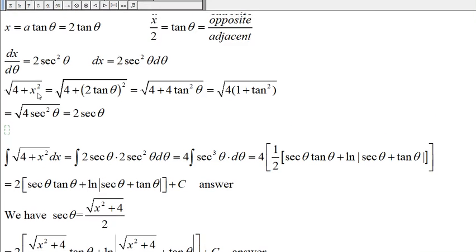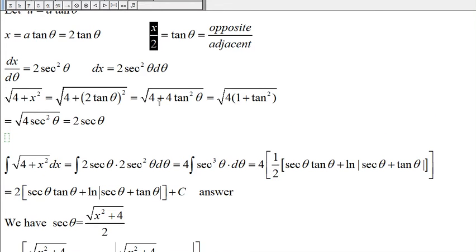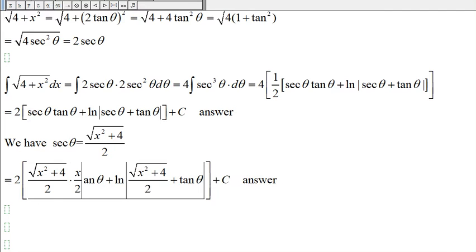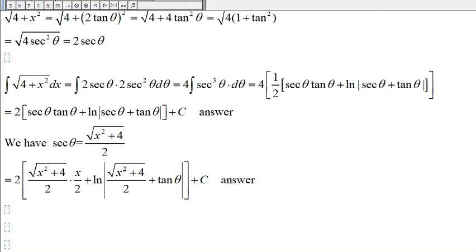And then in the place of tangent, we have x over 2. And we can leave the answer like this.